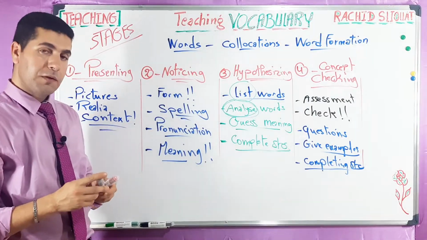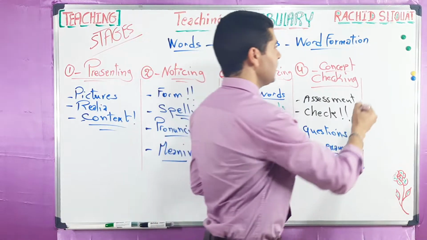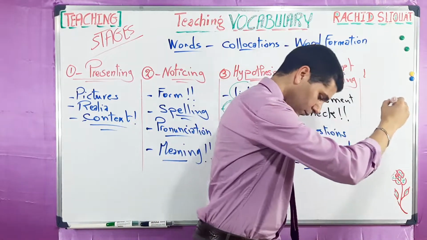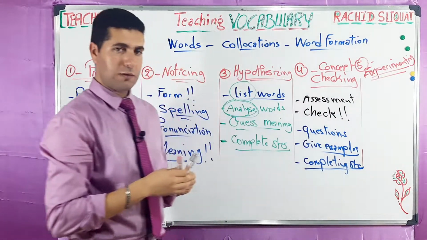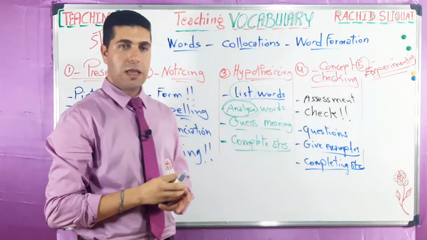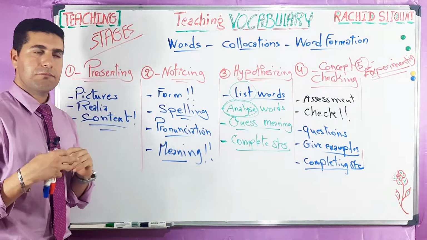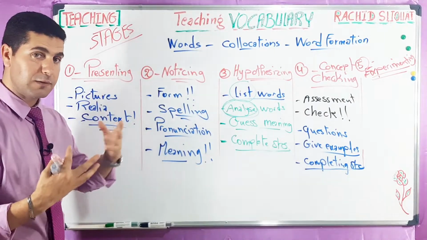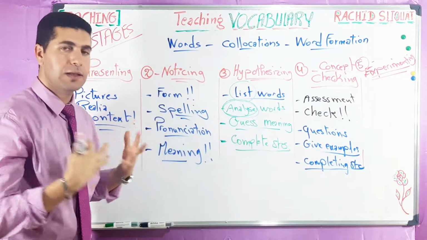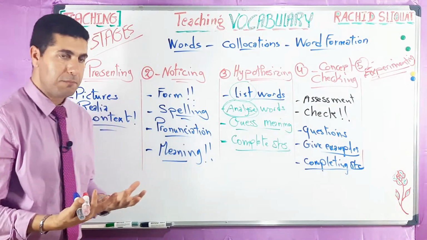The last stage is what we call experimenting. Okay, experimenting, this is number 5. In experimenting, you can show them different pictures or different realia and see whether students can get what the pictures or realia mean.